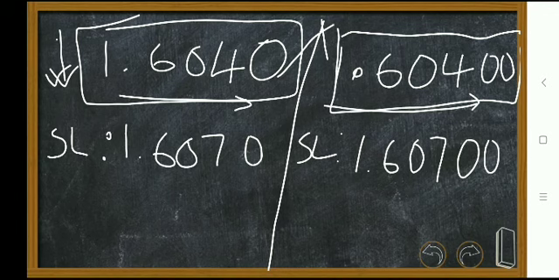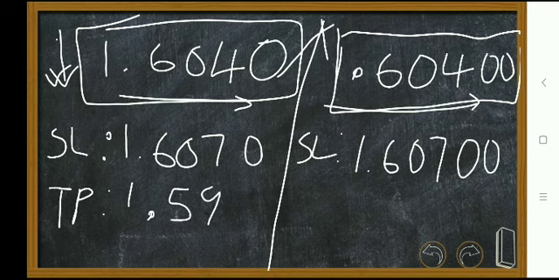So your TP, or take profit, you'll deduct 60, will be 1.5980, if I'm not mistaken.